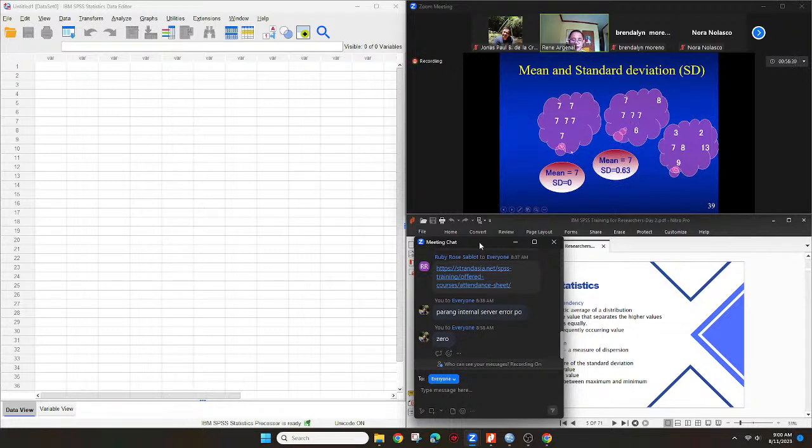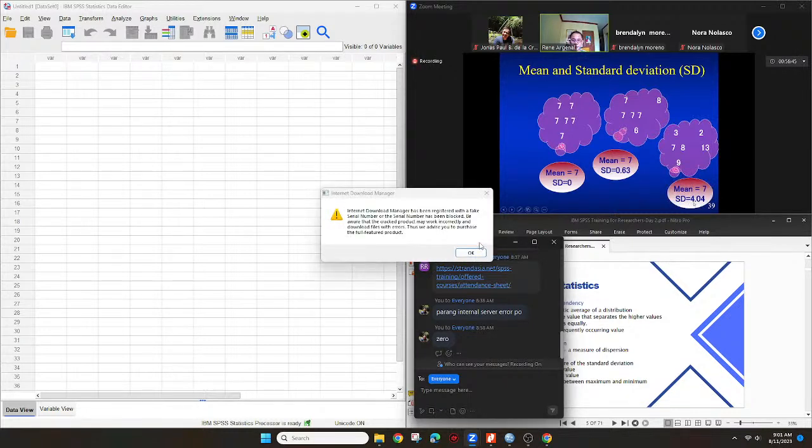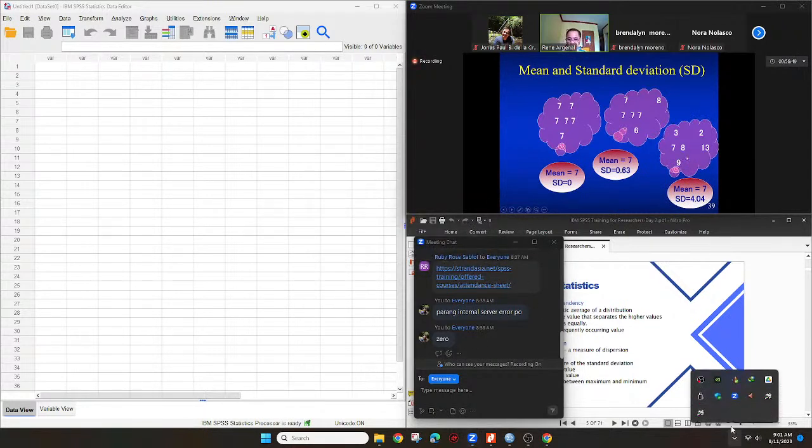There is already a standard deviation because there are two values which are different from the others. For the third data set, the mean is also 7, but the standard deviation is 4.04, because the values of this set are already dispersed, more scattered compared to data sets A and B.